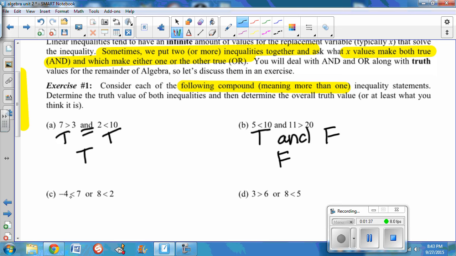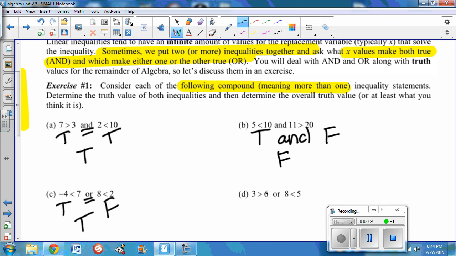Look at part C. Negative 4 is less than 7. We know that's true, but now my connector is "or." Or 8 is less than 2. We know that to be false. So now, because it says "or," a true or a false makes that whole compound inequality true, just by changing that connector.